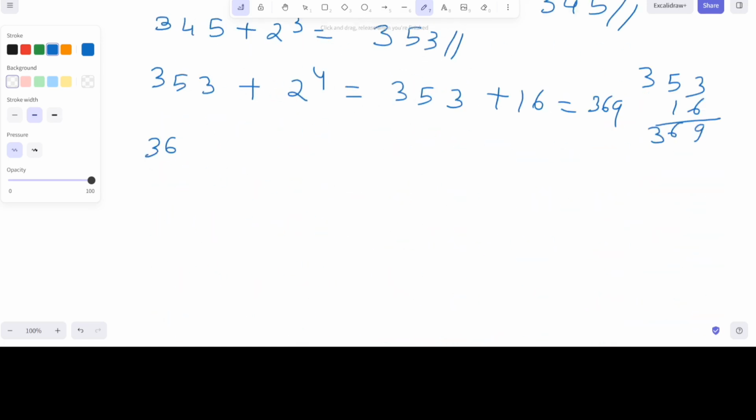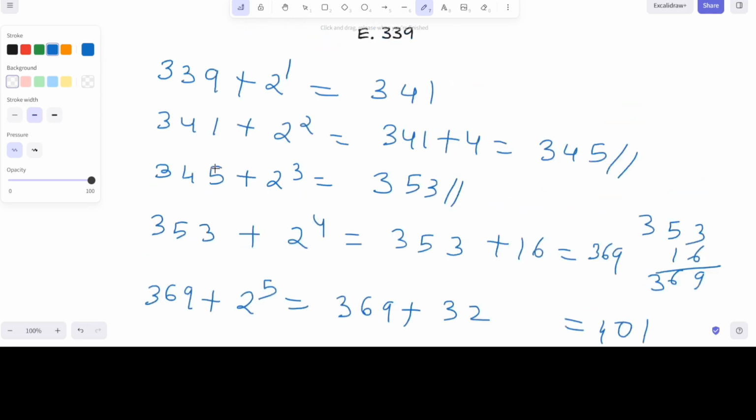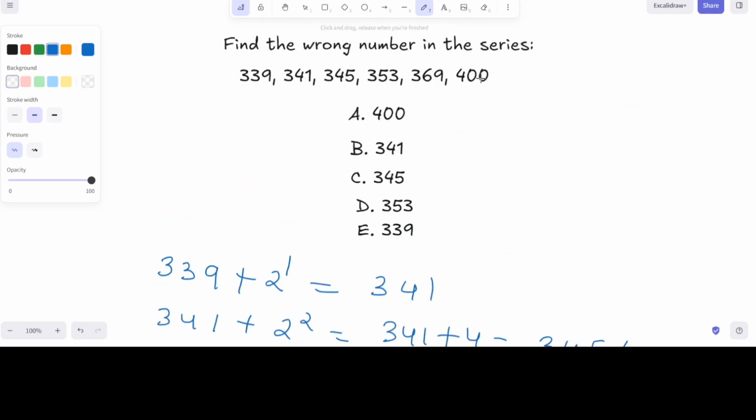Next should be 2 raised to 5, that is 369 plus 32, that is equal to 401. But instead what we got here is 400, right? So the wrong term is this one, 400.